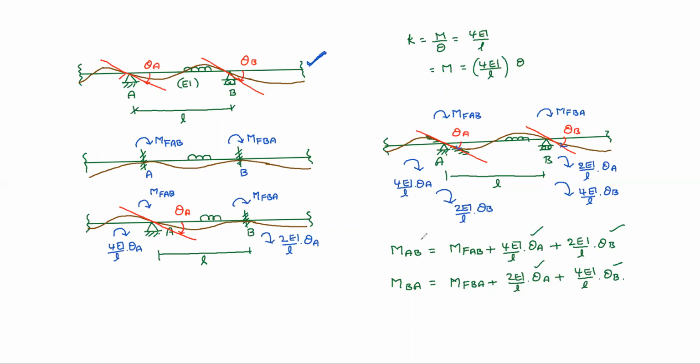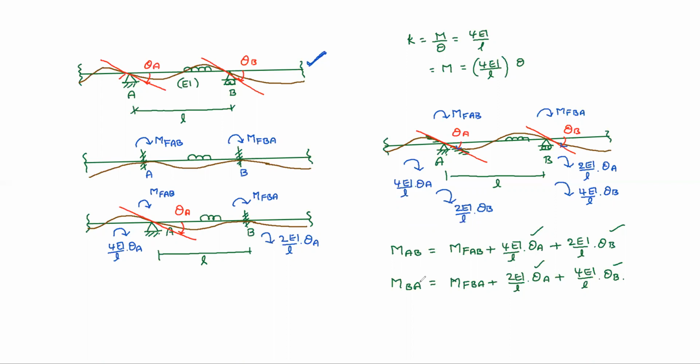Here it is framing of these equations and solving of these equations. So this method is suitable for making programs and solving practical structures. Okay, so MAB, MBA equations you understood.